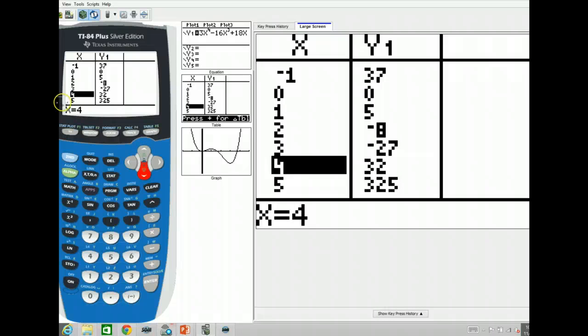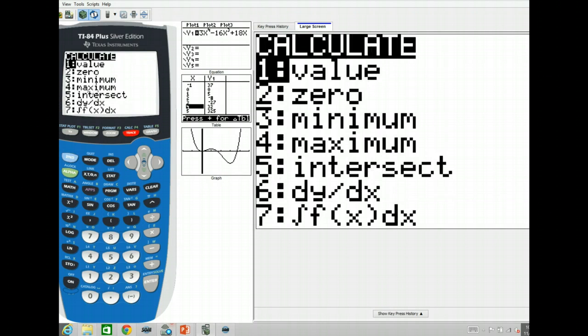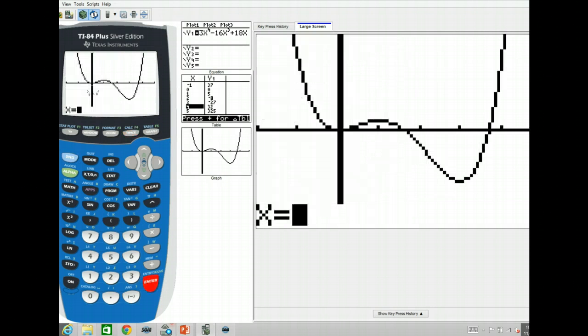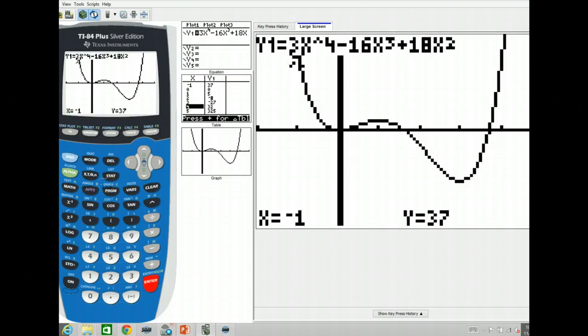Or I could have done second trace, which is my calculate menu, and ask for my values that way, where I could put in my -1 and find out that that value was 37 and repeat that with the +4. Okay, so closed interval going from -1 to +4. 32 was the highest value that we had over there, I think.